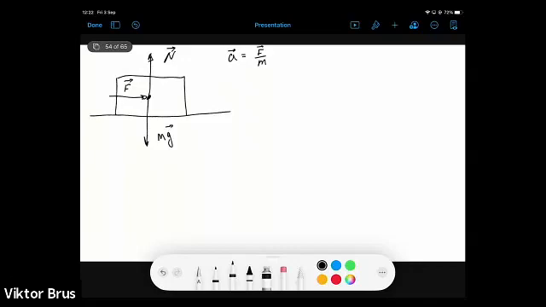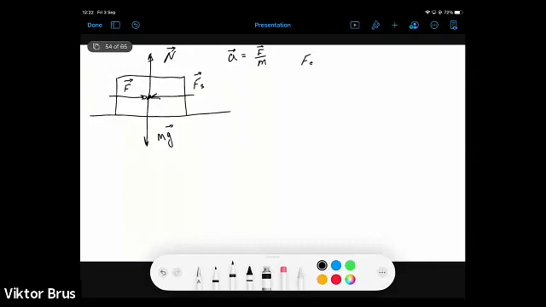And that is happening because of the existence of the so-called static friction force. The static friction force is always acting in the opposite direction to the applied external force F, and it is defined by two parameters.